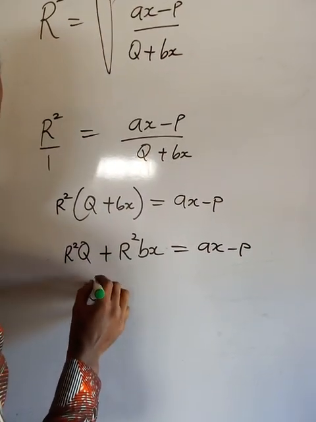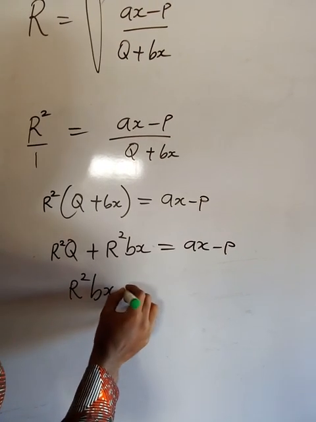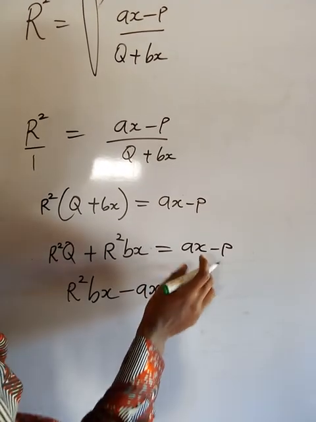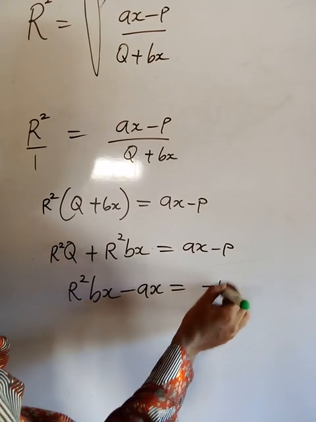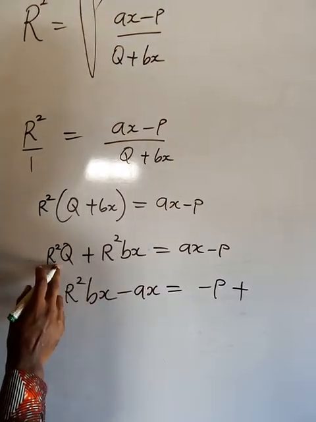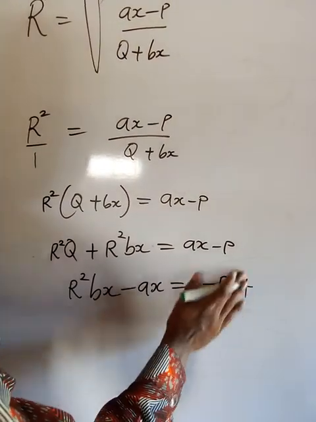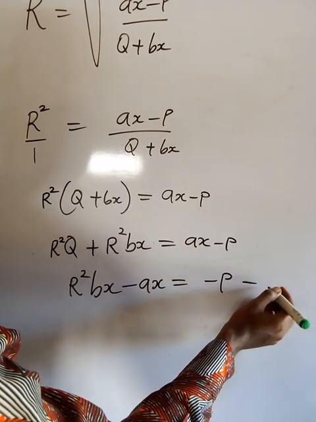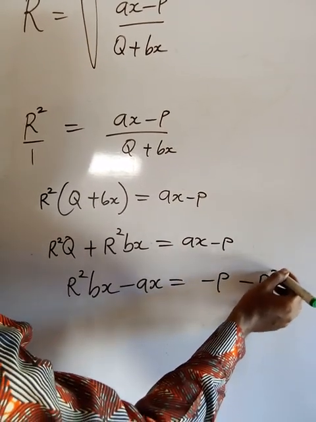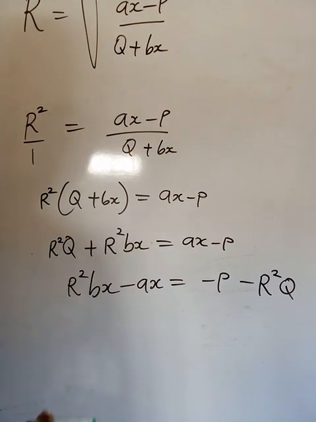So our r squared bx minus ax, which is this, is equal to minus p plus, this is plus here, so it will be minus here, minus r squared q.